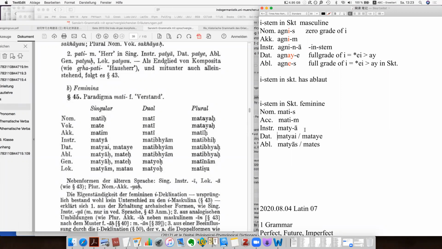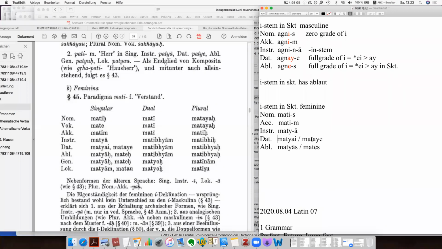And here you also find something strange, right? So this one, dative, is like this one, right? So this is, again, i. And here you have e, as we have explained earlier. This is e, this is e.